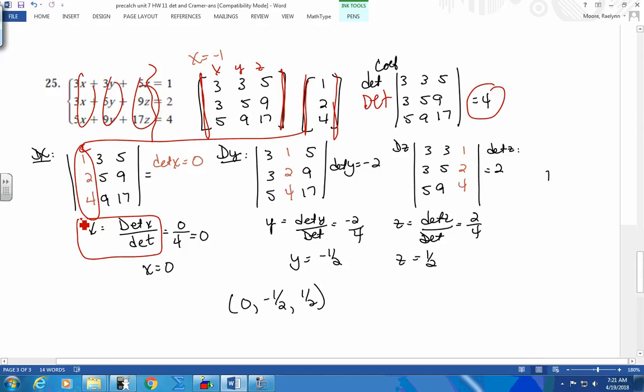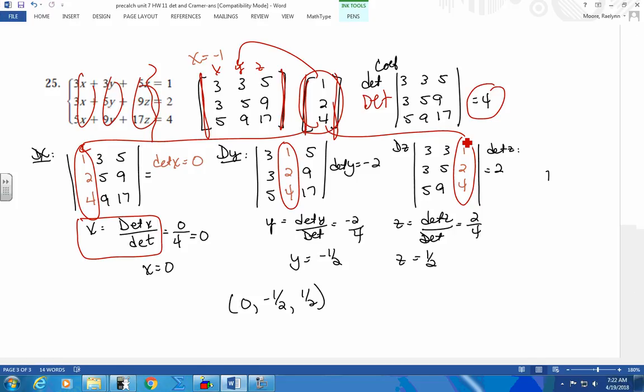And you find out what your value was for x. Then go back to your original matrix, take the constant, and substitute in for y. Find that determinant, set up your ratio. Go back to your original matrix again, substitute that in for z, and find that one. That gives us a solution.